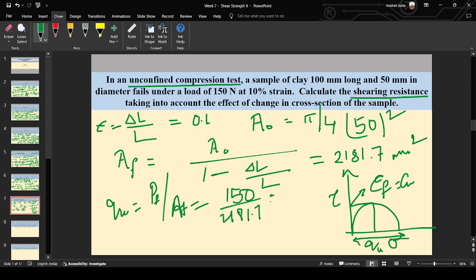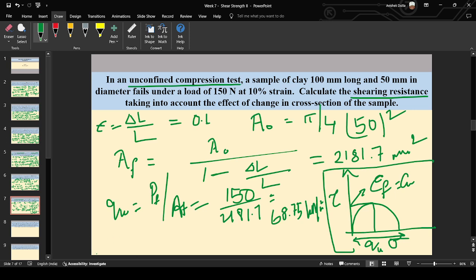Now, upon solving this and converting this into kN per meter square, we get a value of approximately 68.75 kN per meter square.